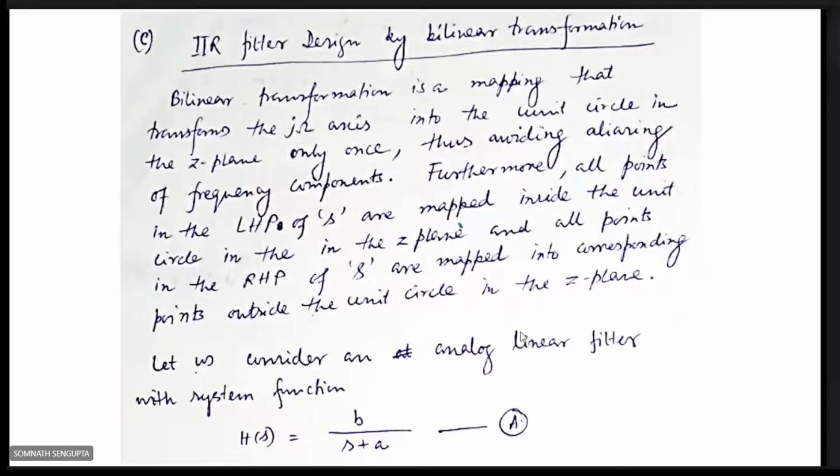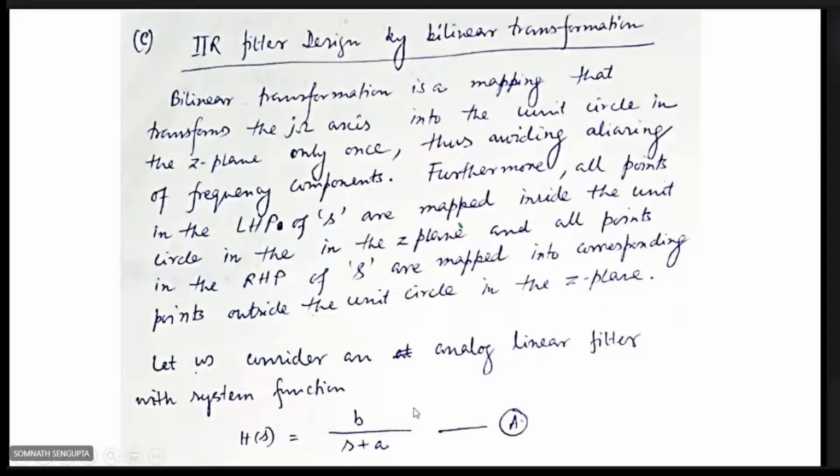Okay, so you just go through those slides, to see what is the concept behind that, and now the same type of mappings are applicable here also in the bilinear transformation. So let us first consider that we explain this method with an example.